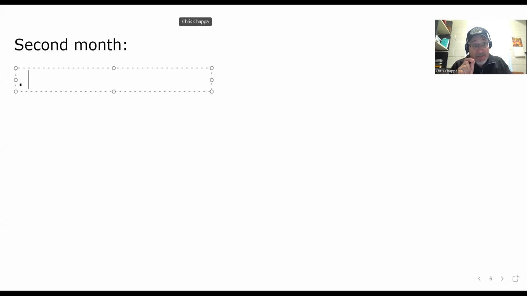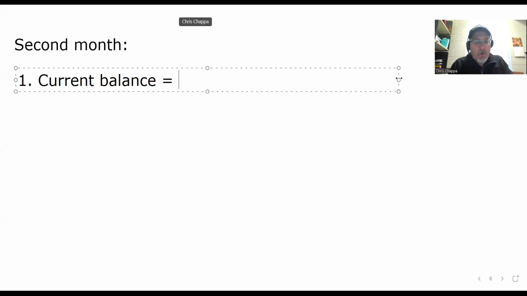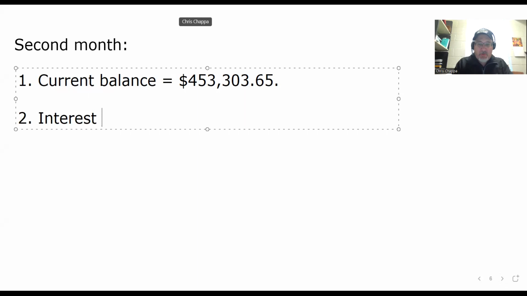The main difference is on the first step, the current balance is not the original mortgage amount, but how much was left at the end of the previous month, which in this case was $453,303.65. Now, what ripple effect is this going to have? When we go to calculate the interest, it's still going to be PRT, but the amount that we owe now is less than it was before.